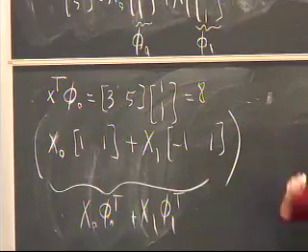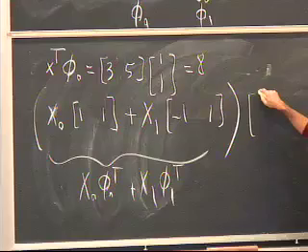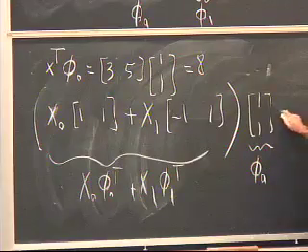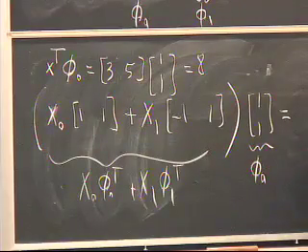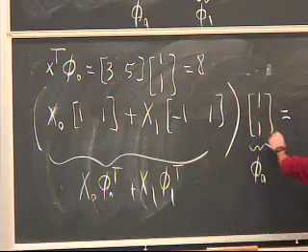I've taken everything and transposed it. And I'm multiplying this by what? 1, 1. What do you get? This times this gives you what?